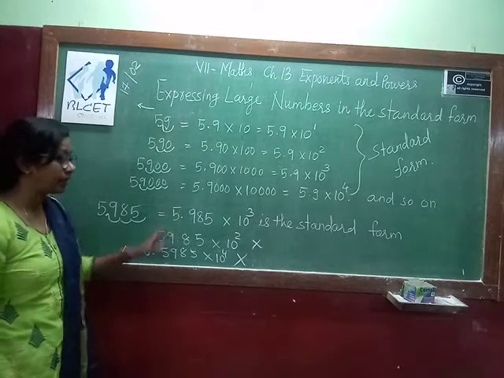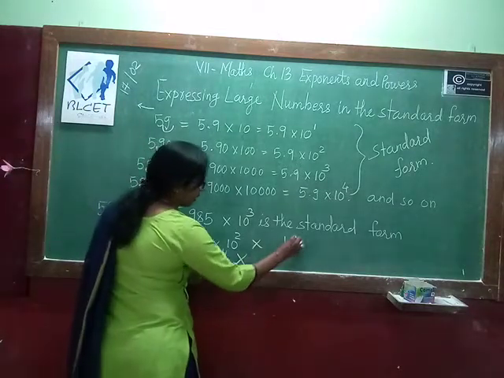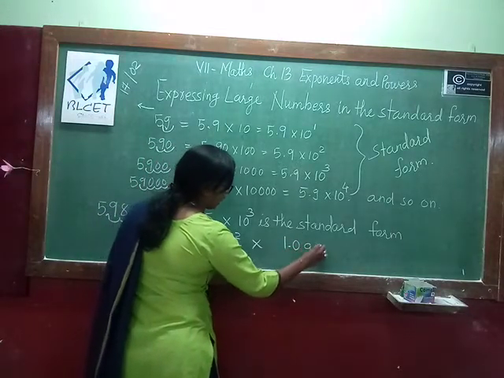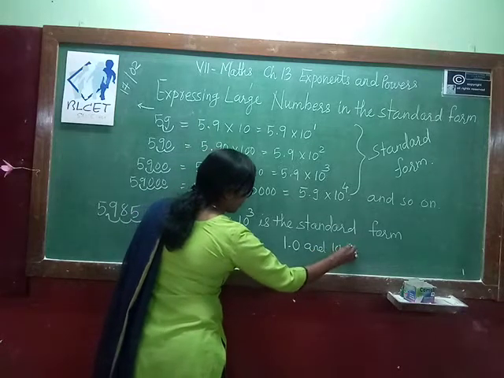One digit should be there before the decimal point, meaning the number should be between 1.0 and 10.0.